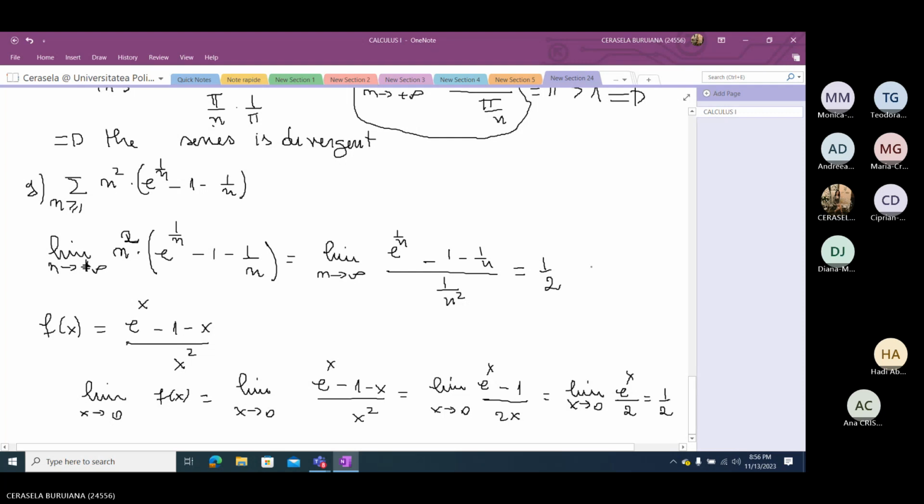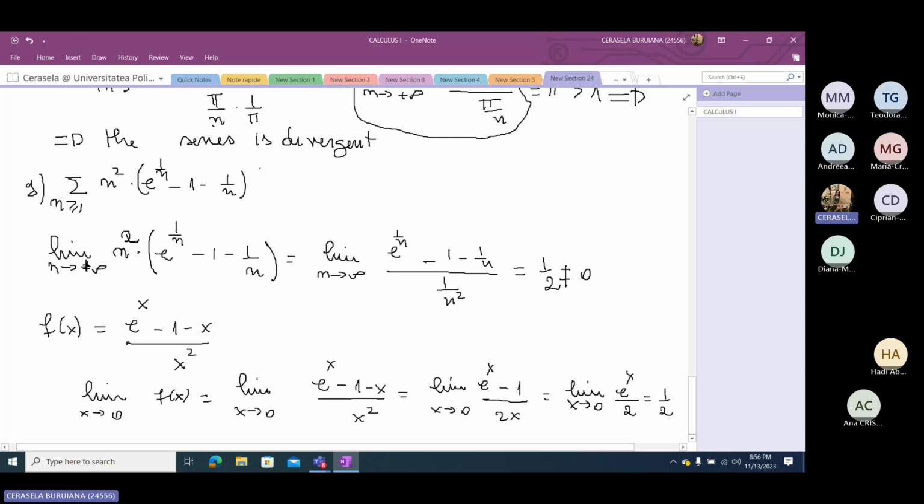But what I see here is that the limit of the general term is 1 over 2. It's actually different from 0. So what's the conclusion immediately? About the nature of the series, of course. Is it divergent? Exactly, it's divergent because of the necessary test.